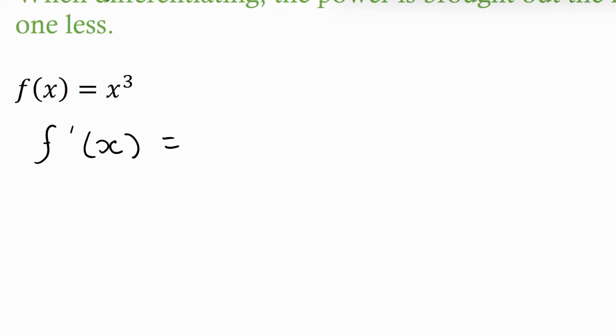That 3 comes out the front, we still have the x, and the new power is 3 take away 1. So the derivative of x to the power of 3 is 3x squared.